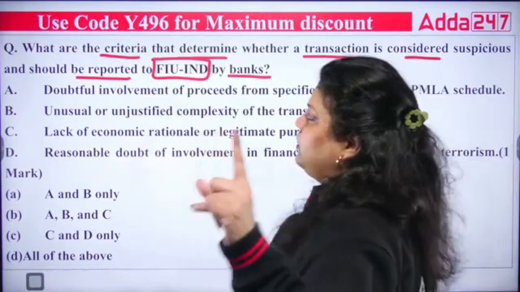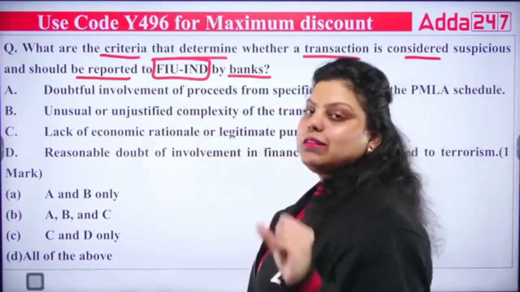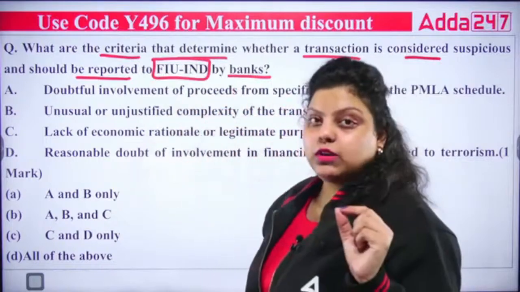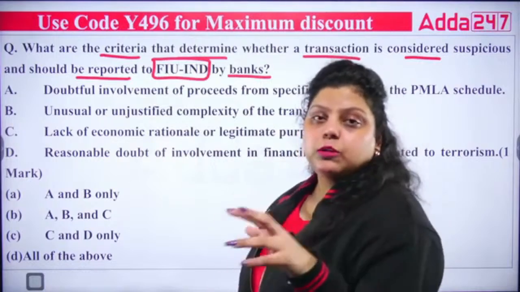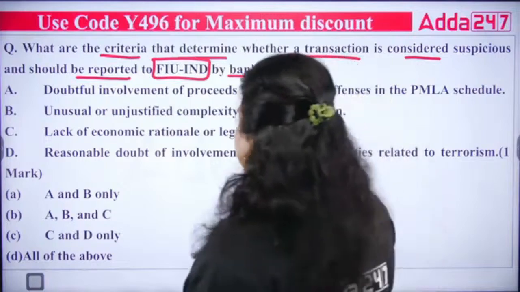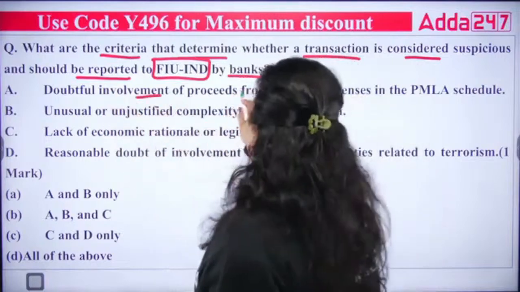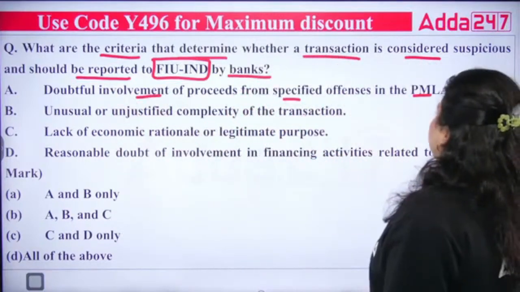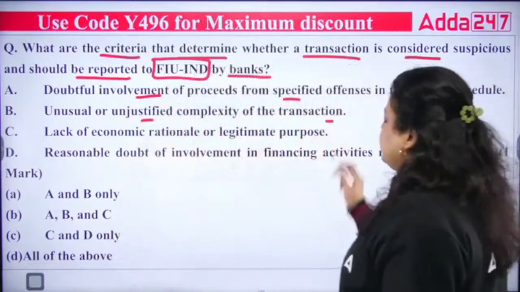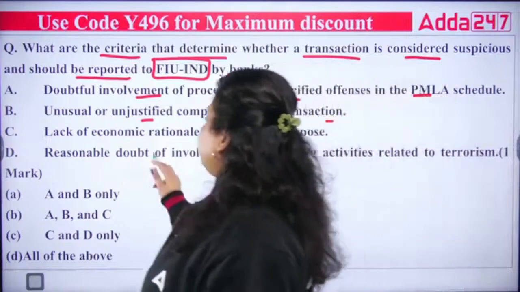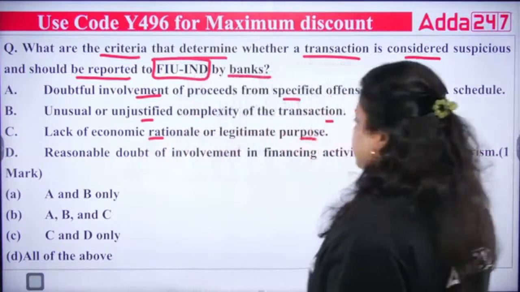How can you say a transaction is suspicious? You have doubt about the transaction; it might be part of money laundering or terrorism financing. How can you identify it? First, doubtful involvement of proceeds from a specified offense in the PMLA schedule. Second, unusual, unjustified complexity of the transaction. Third, lack of economic rationale or legitimate purpose.